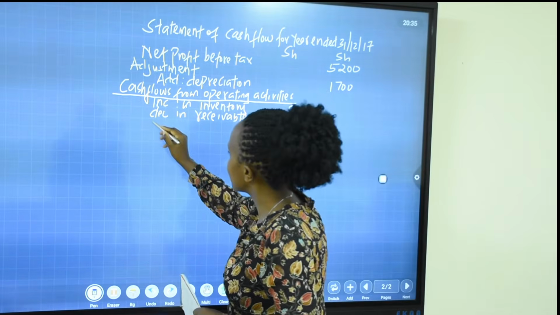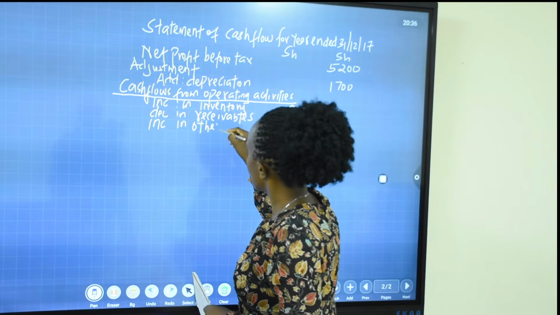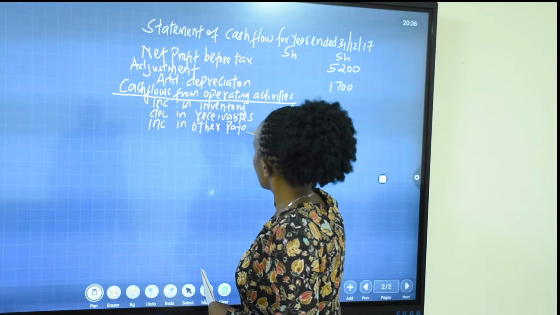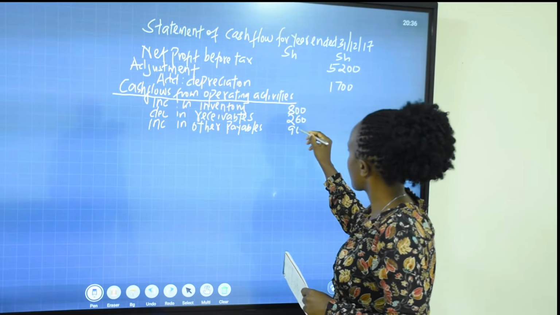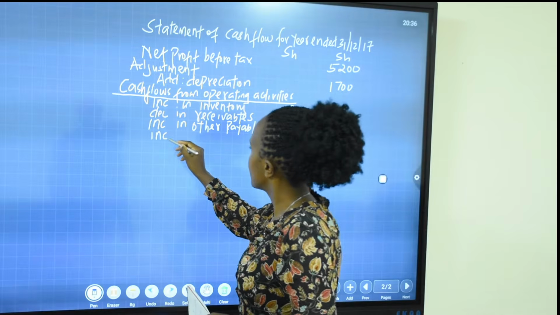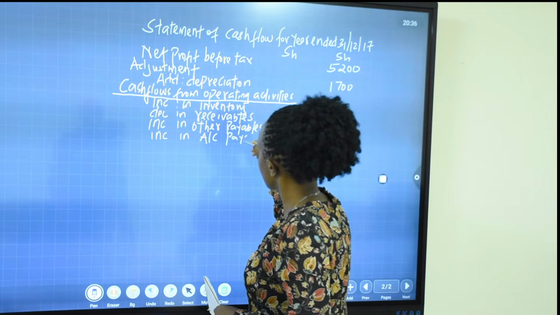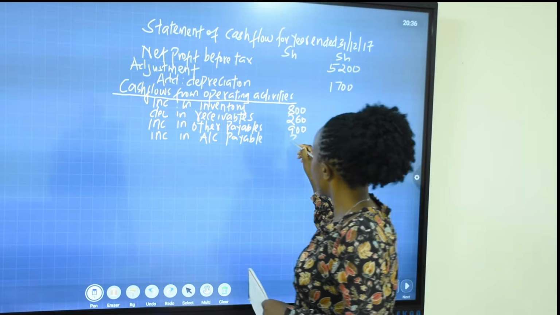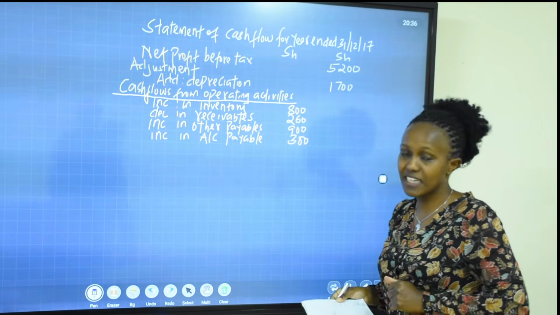There is also an increase in other payables of 900. And finally, there is an increase in accounts payable of 300. So those are all the operating activities.